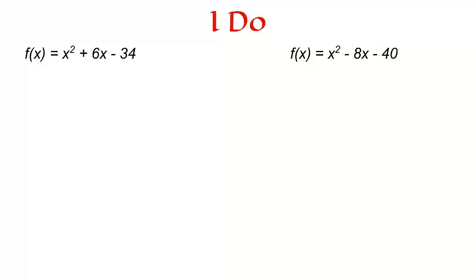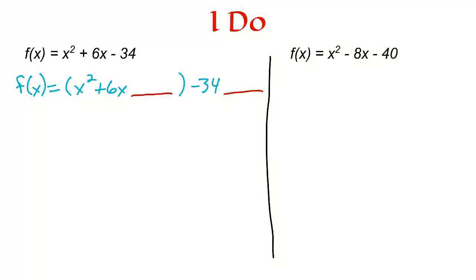So again, I start here. f of x is equal to, and so we separate out that minus 34 like that. So I'm going to see, hopefully we have enough room here.